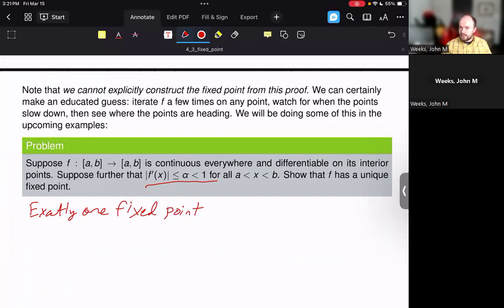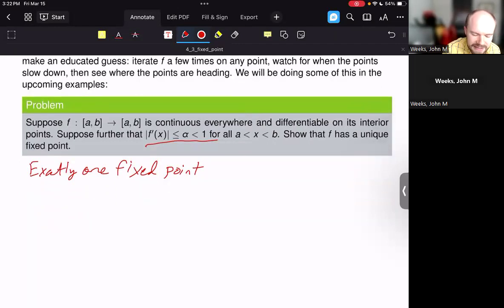There's a few different ways to do this. When I give this one to my senior undergraduates, I usually have them use the mean value theorem or something like this to show that if you had two fixed points inside of there, they would end up having to be the same to some extent. Now, let's see if we can do this a little bit differently now that we know something about contractions. We know something about contractions, right?